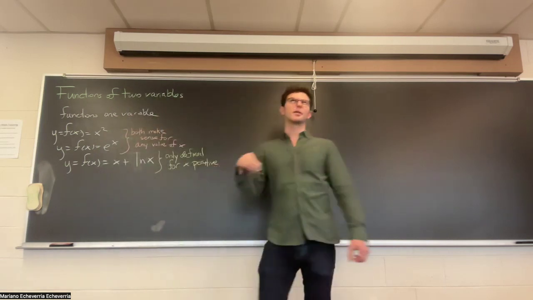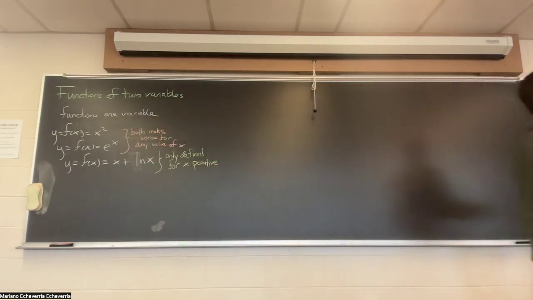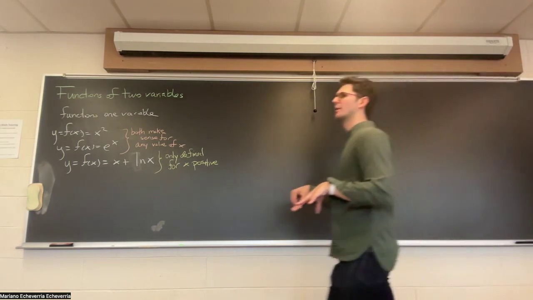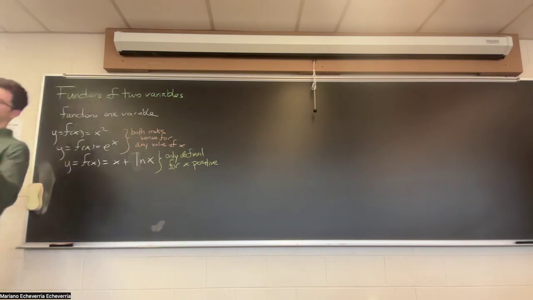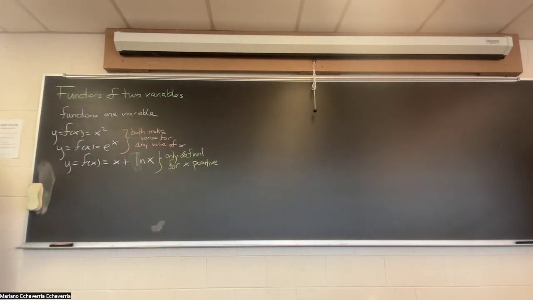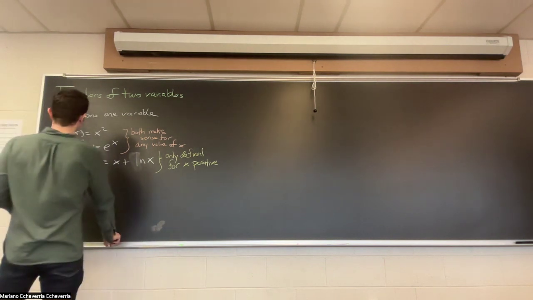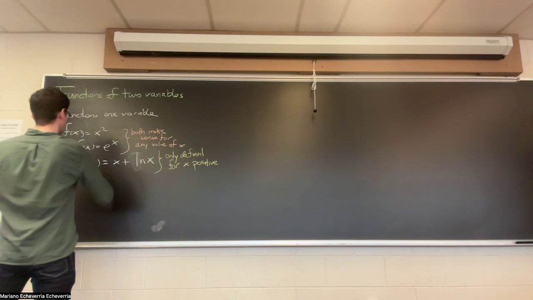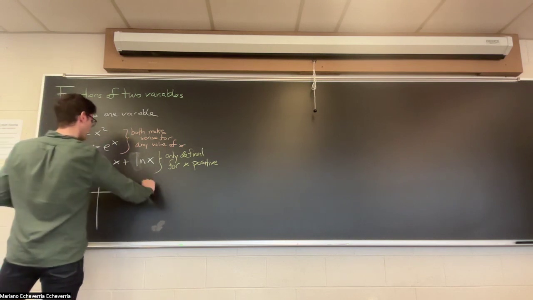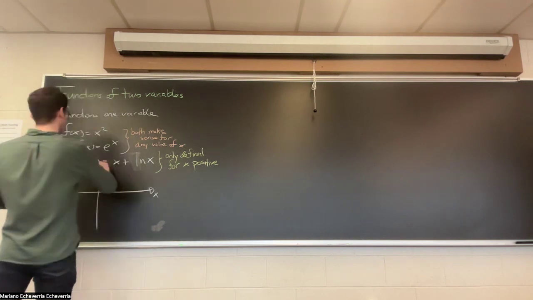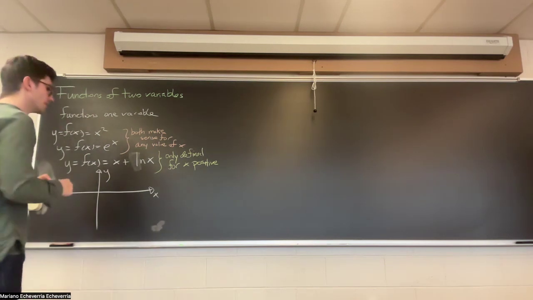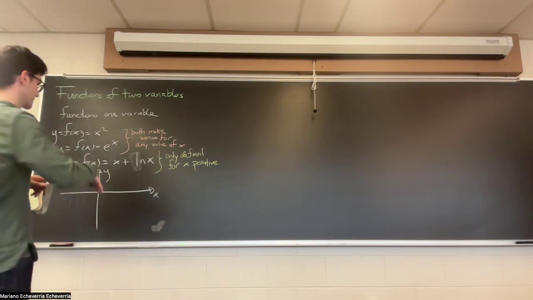So even already in Calc 1, depending on the particular function, the domain, which is what we'll talk about, is not necessarily the number line. It could have been some intervals. But regardless of what happens there, the idea is that the graph, if you have a function of one variable, looks like a curve.